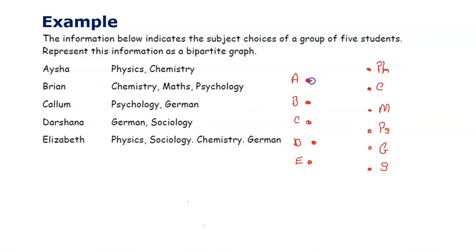So anyway, Asha takes physics and chemistry. Brian takes chemistry, maths, and psychology. Callum takes psychology and German.